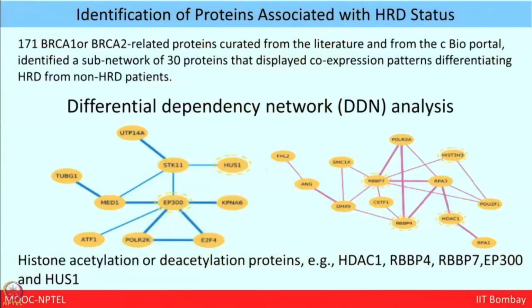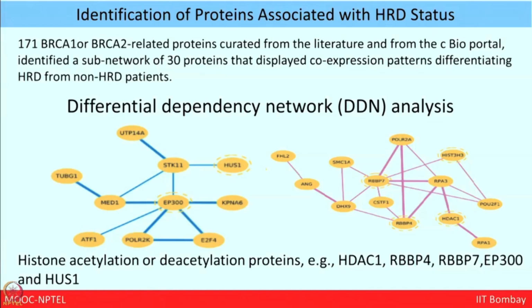Further, they tried to do a DDN analysis. DDN analysis is differential dependency network analysis, where the proteins were curated from the literature and from cBioPortal. cBioPortal helps you get the data out from the TCGA, and they identified a subnetwork of 30 proteins that displayed a co-expression pattern differentiating HRD from non-HRD patients.